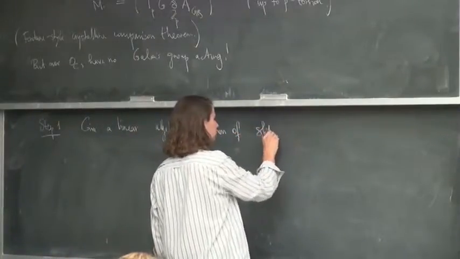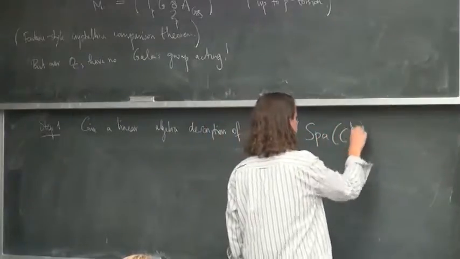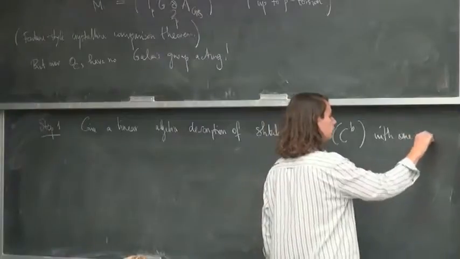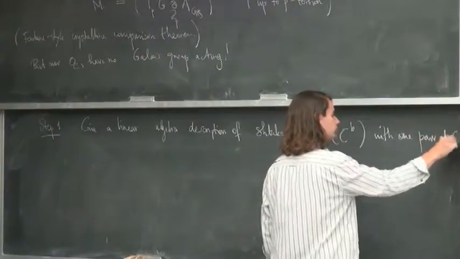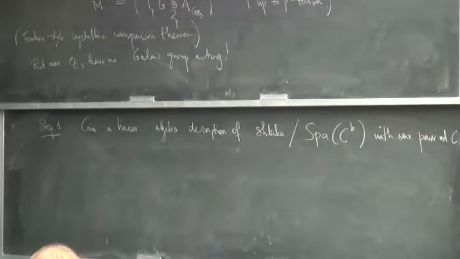So this uses the tilt, the perfectoid field C flat, in the sense of the last lecture, except that now C is this characteristic zero field when it was a characteristic p field last time.